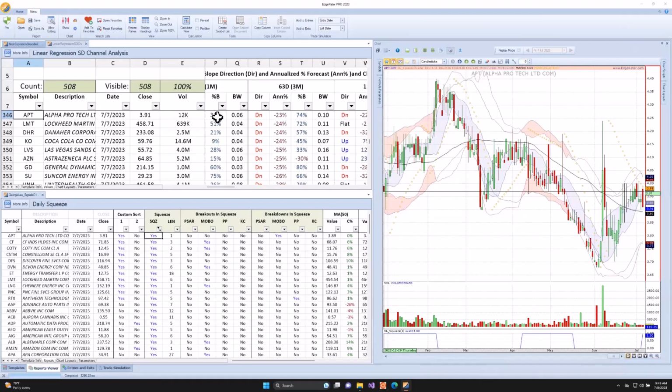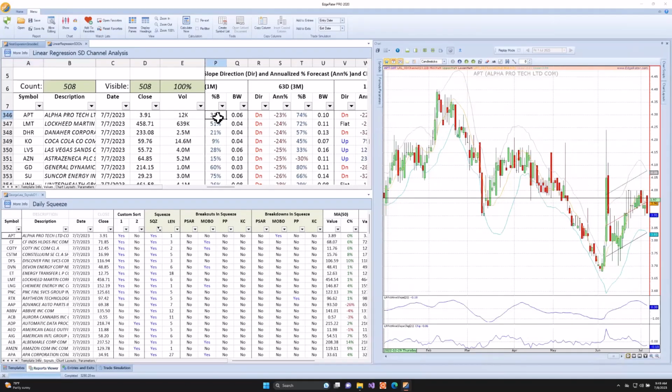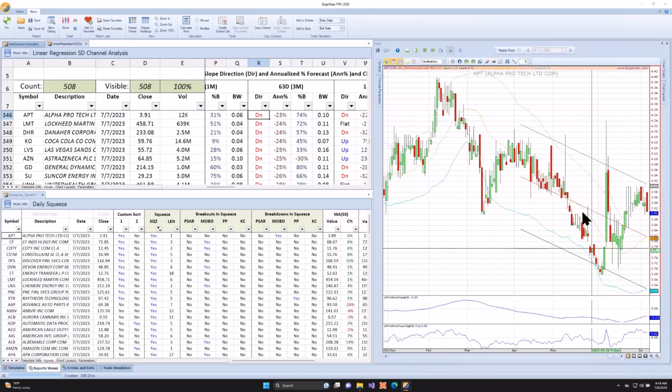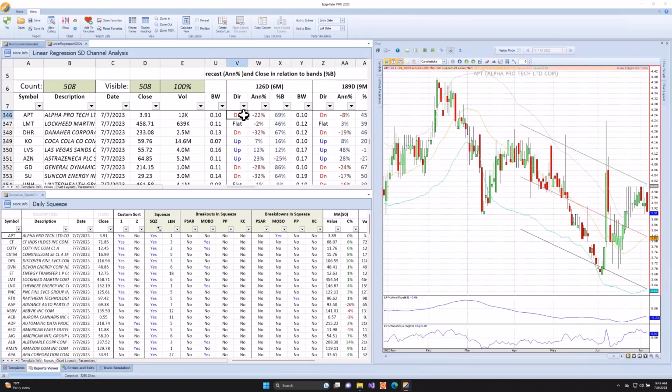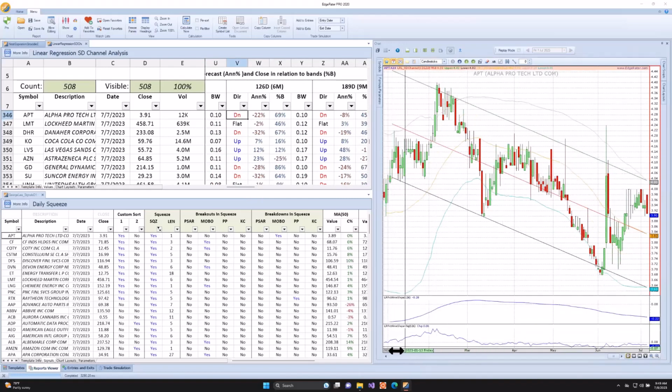If I click on the linear regression template now, you see the chart layout has changed to show the linear regression. And because in the linear regression template I've clicked on the 1 month set of columns, it's showing me the 1 month linear regression line. If I click on the 3 month, it's showing me the 3 month line. If I click on the 6 month set of columns, it's showing me the 6 month line.